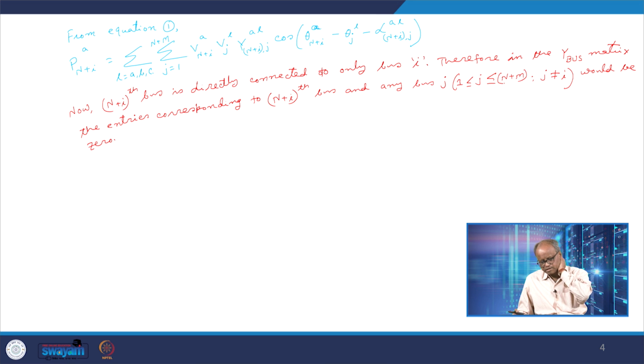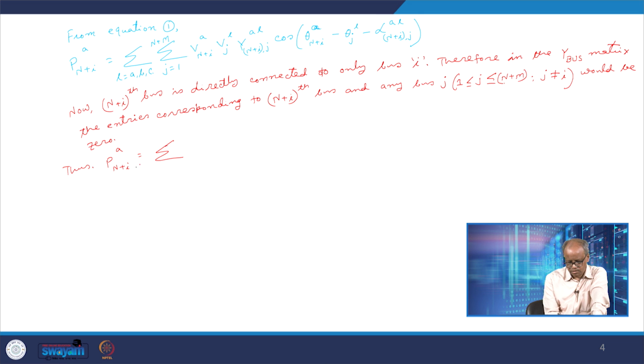Thus I can say that Pn+ia is actually only l equal to a, b, c, and j is only i and n plus i, nothing else, right? Because if j is anything else, it would be just 0.